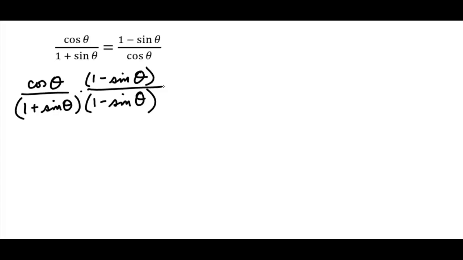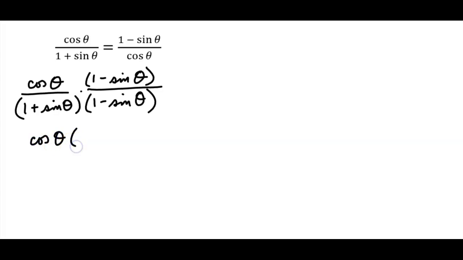The idea is, because we have conjugates, maybe we'll get some squares that we can work with. Also, notice that now in our numerator, we have the piece that's the numerator on the right-hand side. So that looks very friendly to us. We still have a cosine theta, but it's going to be okay.